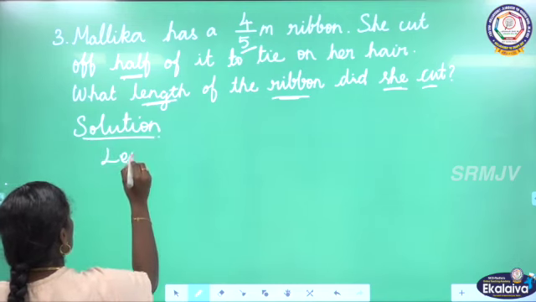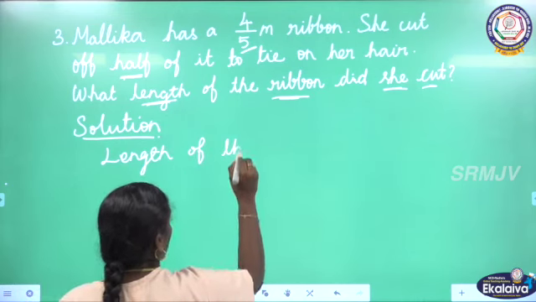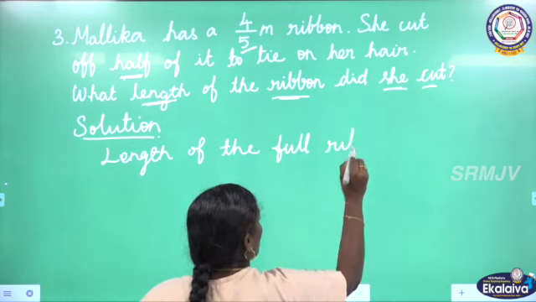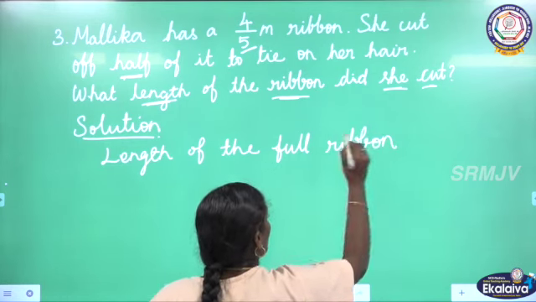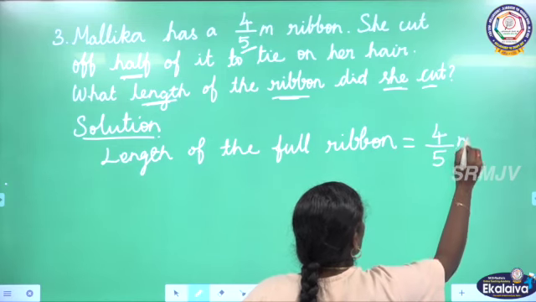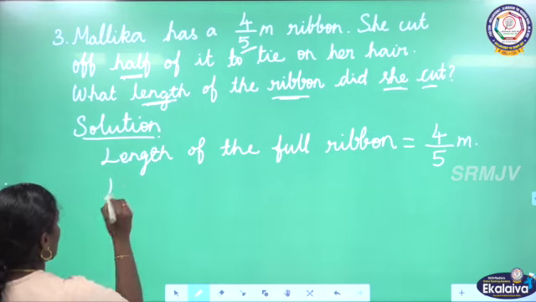Length of the full ribbon is 4 by 5 meter. Now we are going to find the length of the ribbon she cut.